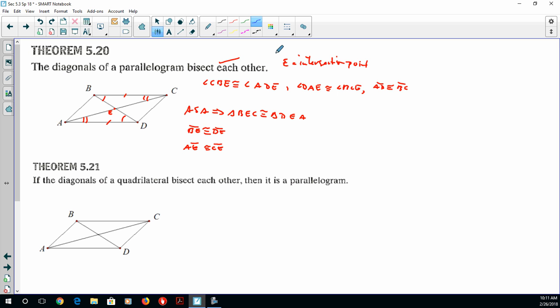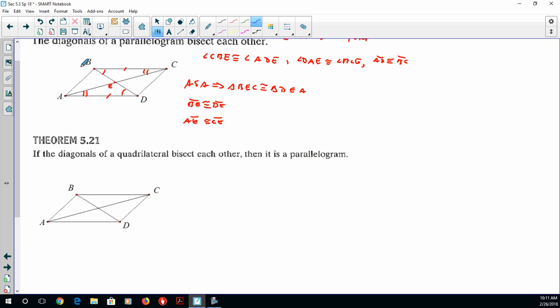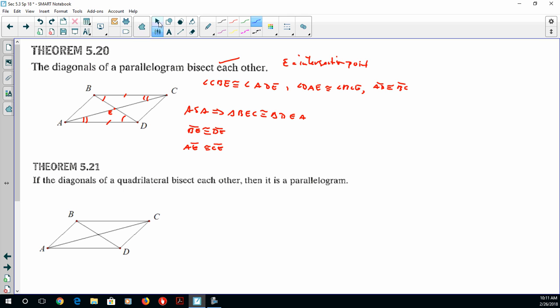521 is the converse of this. If the diagonals bisect each other, then it's a parallelogram. Let me put a little point here.